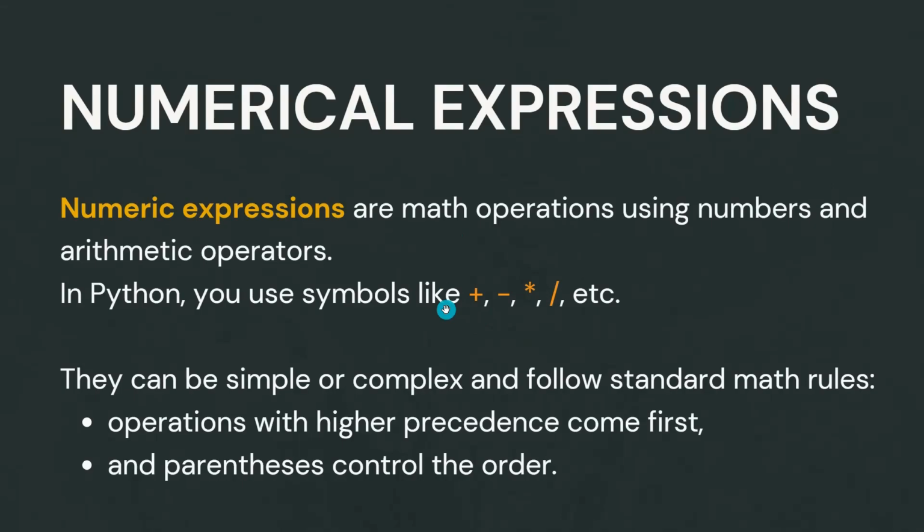The most common symbols that we use are addition, subtraction, multiplication, and division, and until here you guys will know. But there are two more operators, which are exponent or power, and modulus, which we call remainder. So we'll explore that in another video. So let's go through some clear examples together.